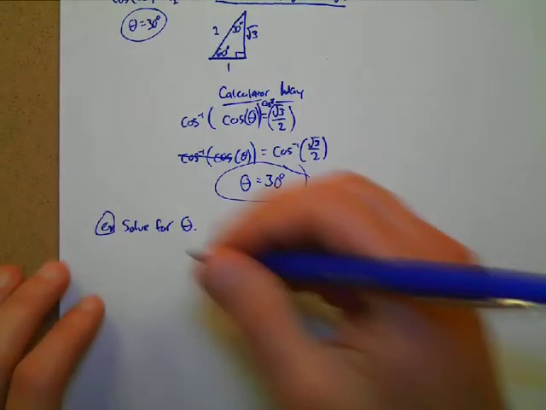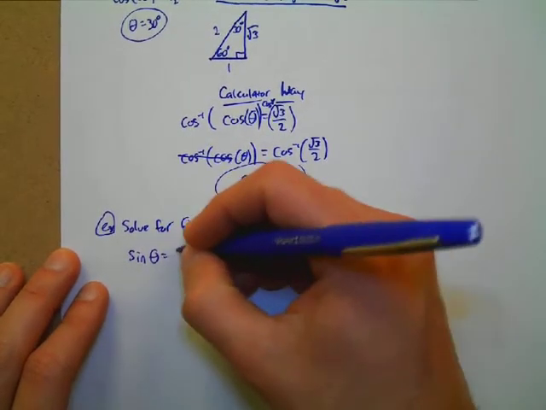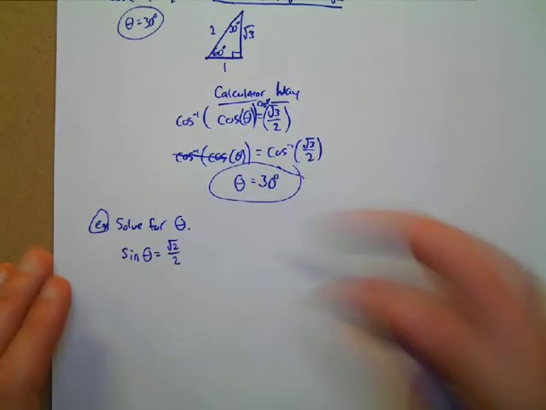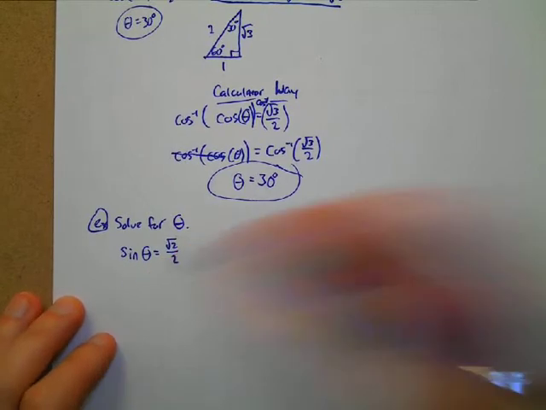So let's do sine of theta equals root 2 over 2. Well, we can actually do this one without a calculator. If we refer back to the other special right triangle, the 45, 45, 90.